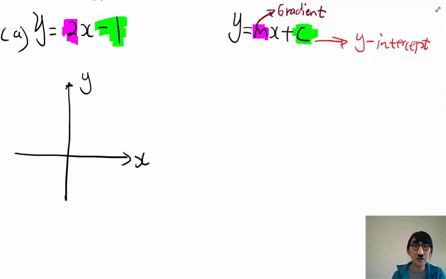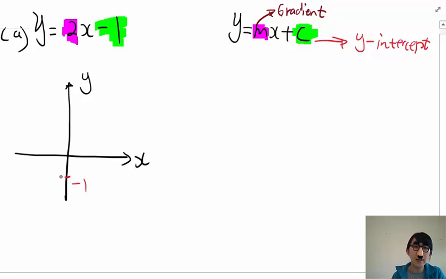Now the problem is, how do we plot them on the Cartesian plane? So we start with the y-intercept, which equals -1. So we label -1 here.